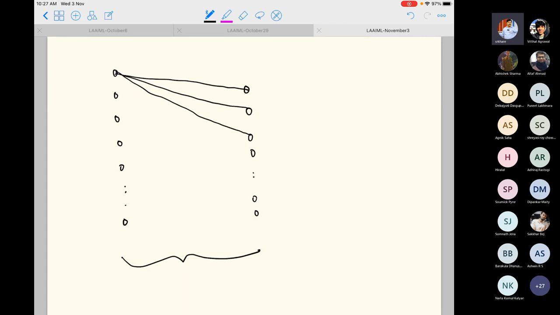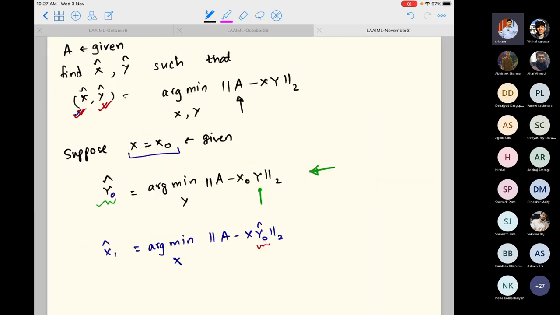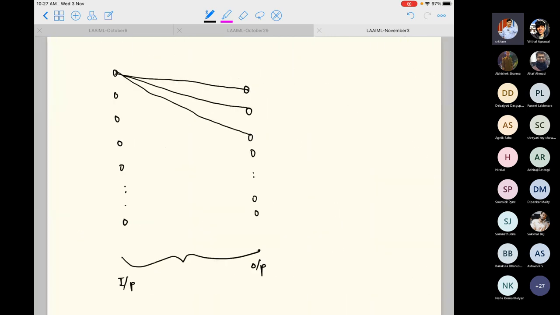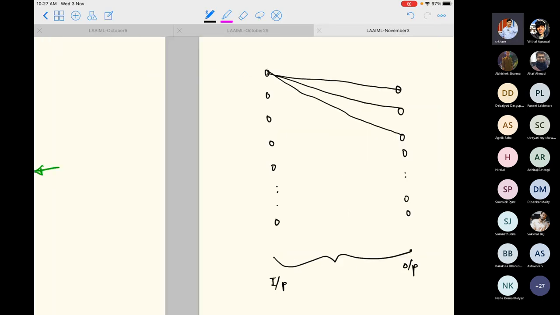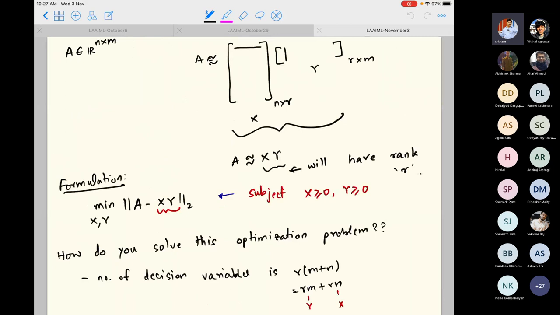I'll connect every node with every other node. So this is the input layer, this is the output layer. What was the size of the matrix I had taken?